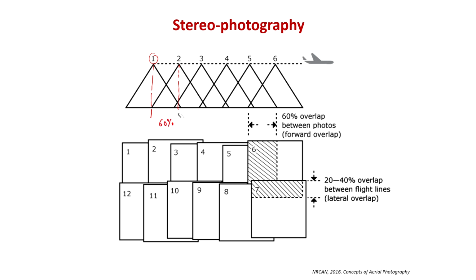So what exactly we are looking at is, if our flight is flying perpendicular to the surface, that is, it is collecting ortho photographs, then this will be the principal point of the first photograph.